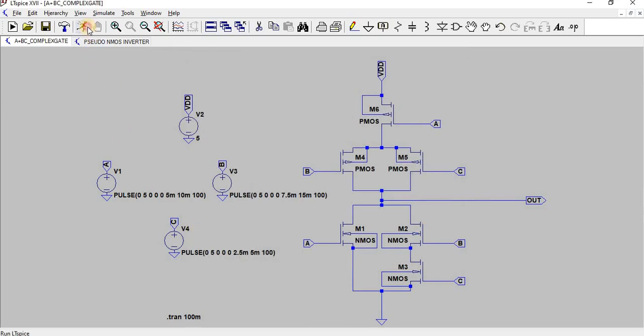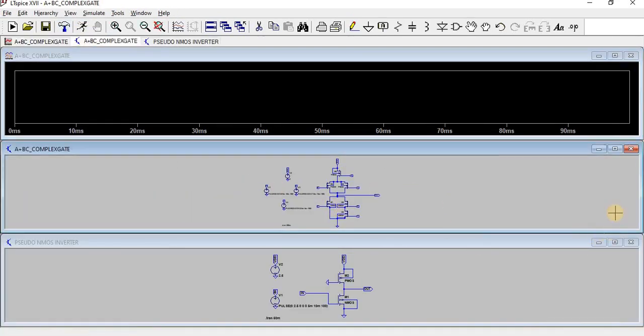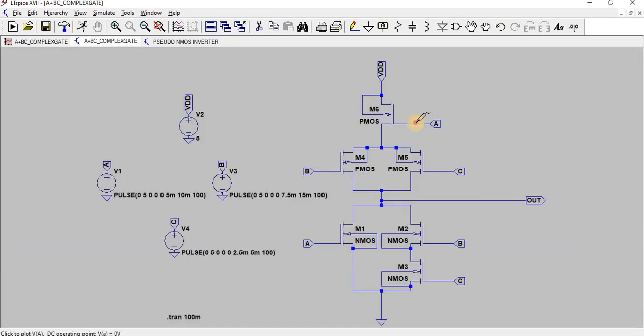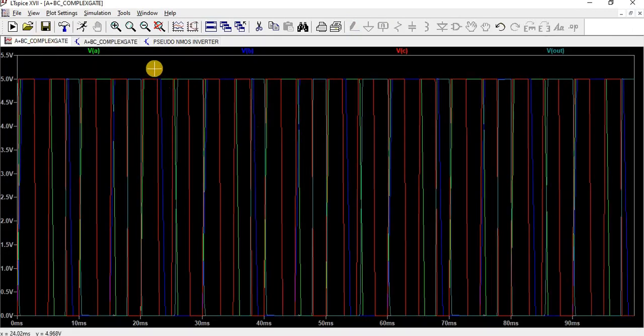So now let us run this program. The inputs are A, B, C and the output.